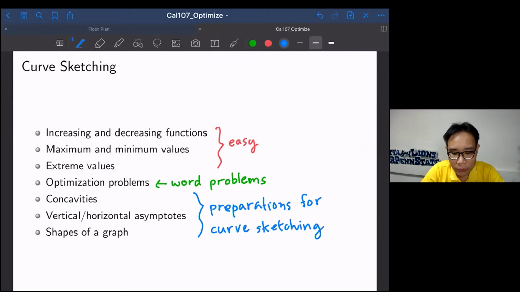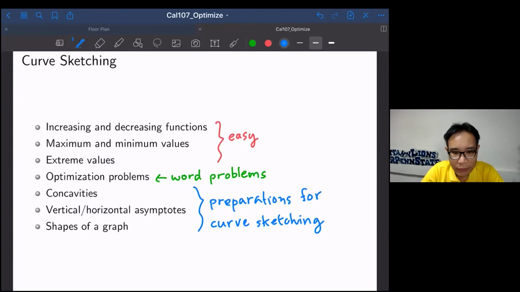Okay, so this one will be like a three objective for this one. It should be about 4 videos from this. Okay, so we're going to study this a little bit until we obtain everything that makes us ready to sketch the curve.